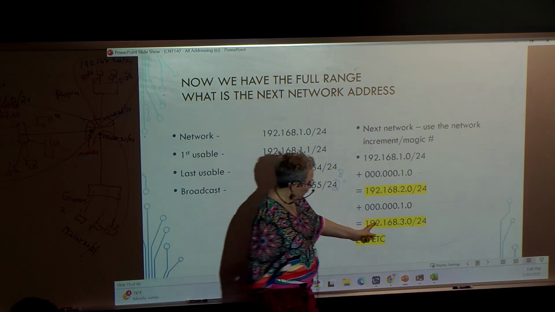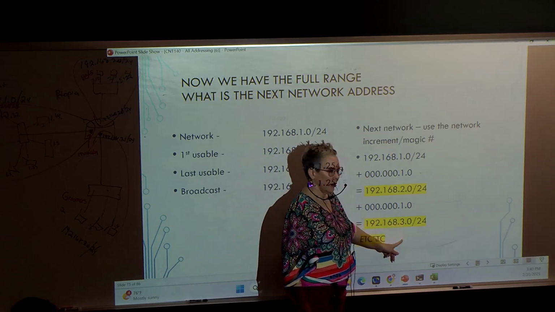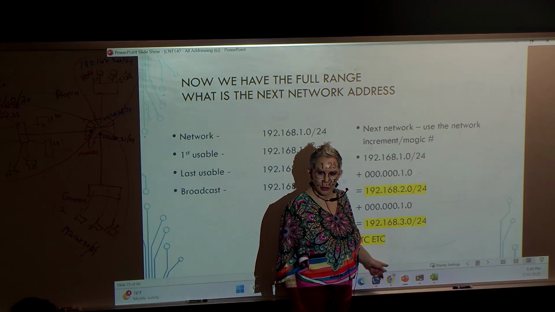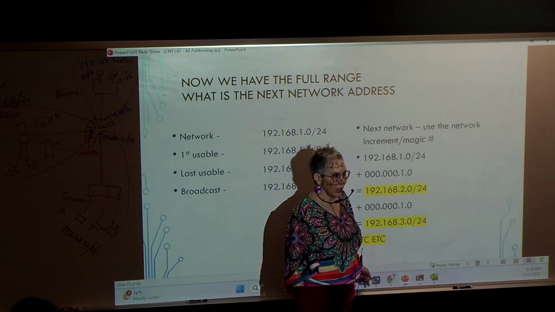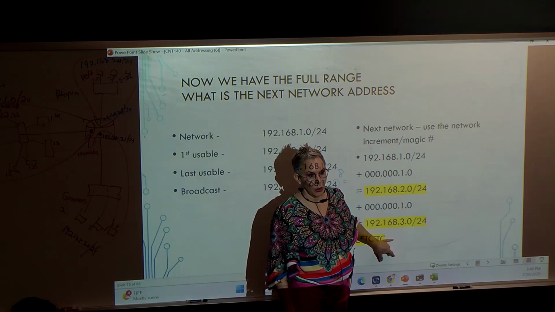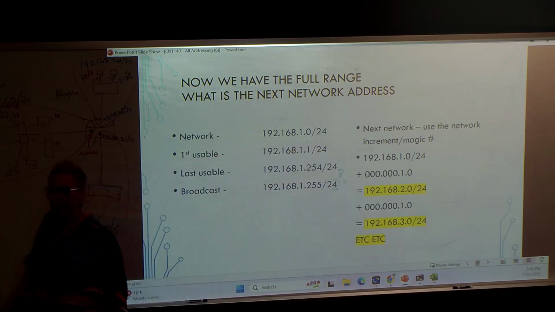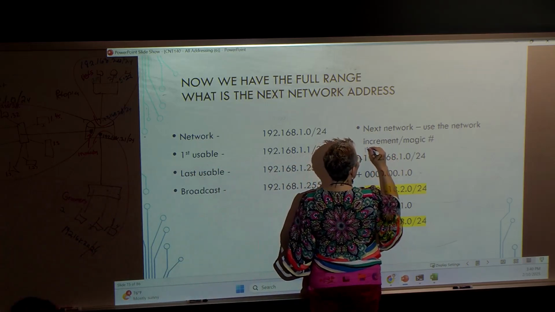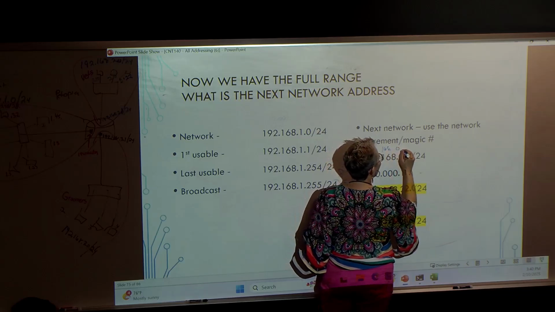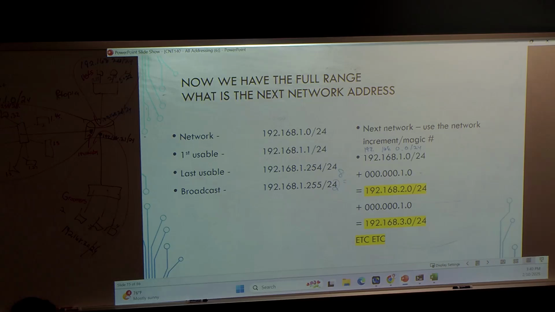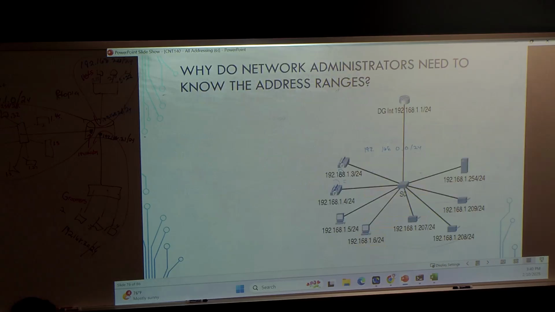Could I add 001 to get a .4? And then 001 to get a .5, .6, .7, .8, .9, .128, .129, .130, .254. I can get 256 networks with a /24. We started with 1, but I could get 192.168.0.0. We just started with the 1. That's how we get different networks.